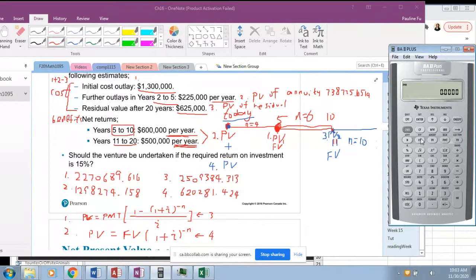So double check P/Y is 1, C/Y is 1. Oops, so I did something wrong. Second P/Y is 1. Down arrow, okay, C/Y is 1. Second quit. And now 625,000.